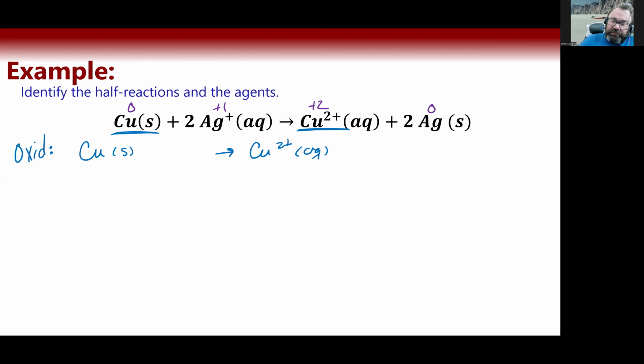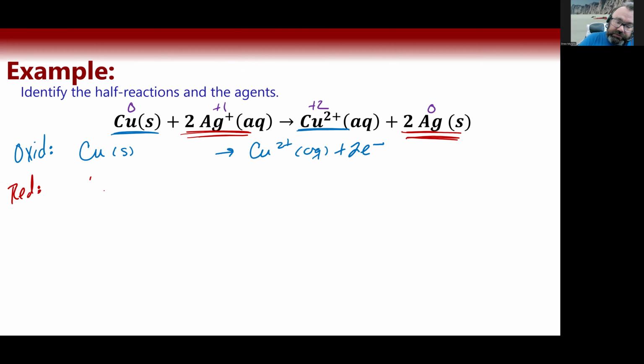And for electrons, we have 0 on the left, so we need 2 on the right to make both sides be 0. Now the good thing is you only have to figure out one half, because then the other half is what's left over. So that means the silver must have been reduced.